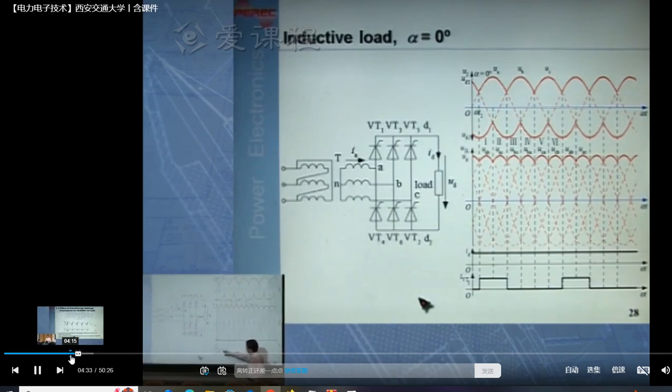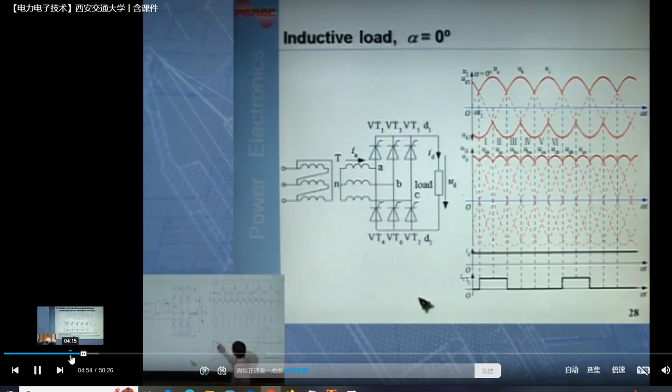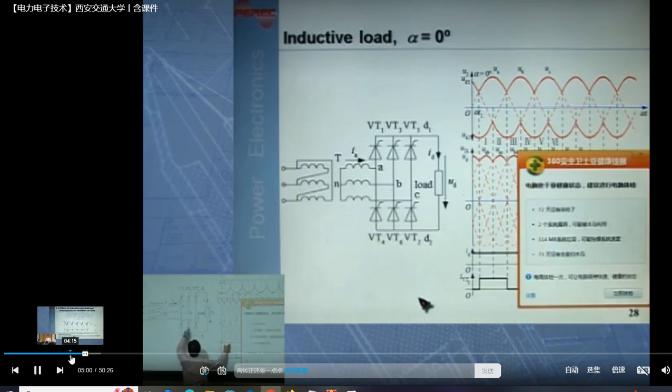We particularly, if you look at the current flowing through thyristor VT1, we have the current waveform drawing here. When VT1 is conducting, this load current ID will be flowing through VT1. For the first 60 degrees, it is flowing through VT1 and VT6.